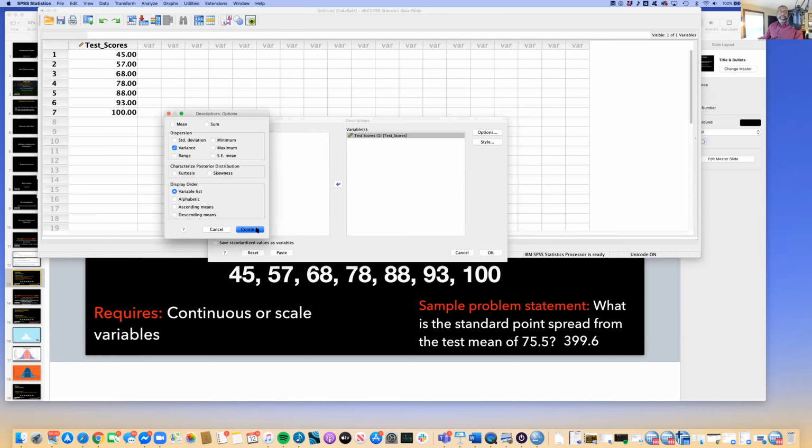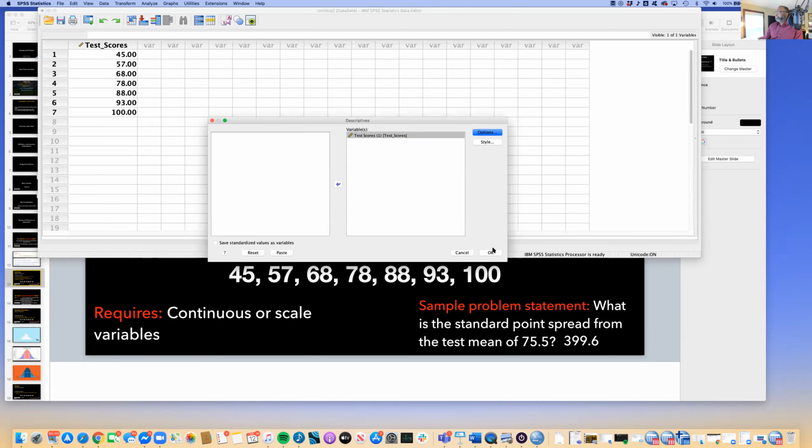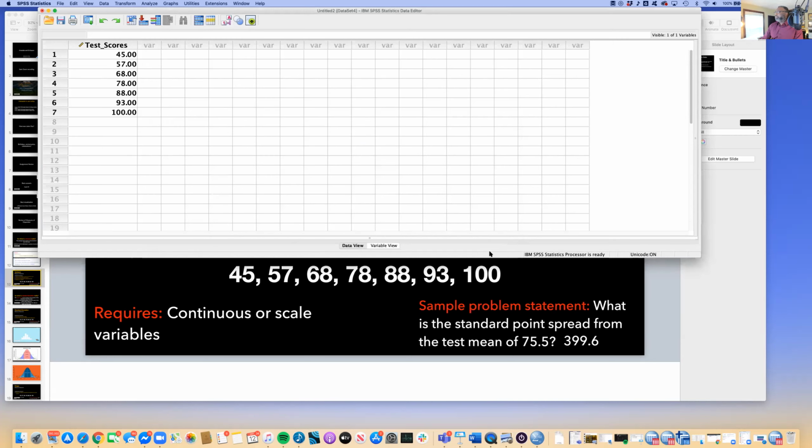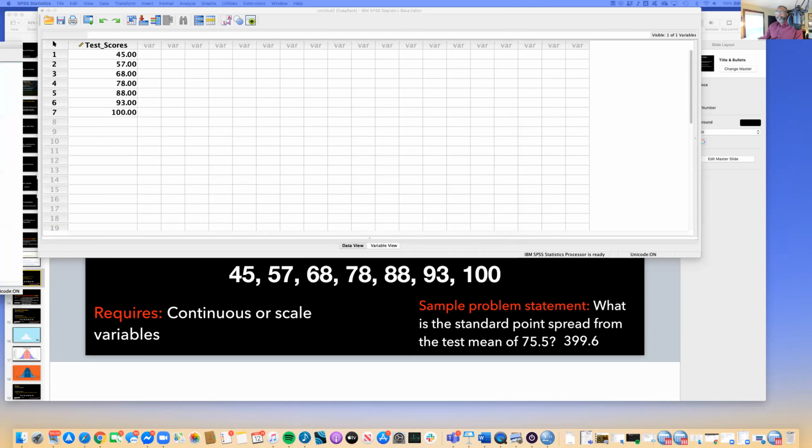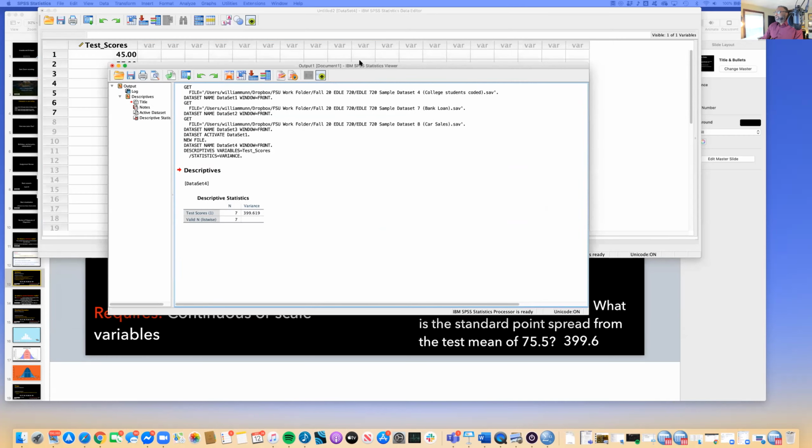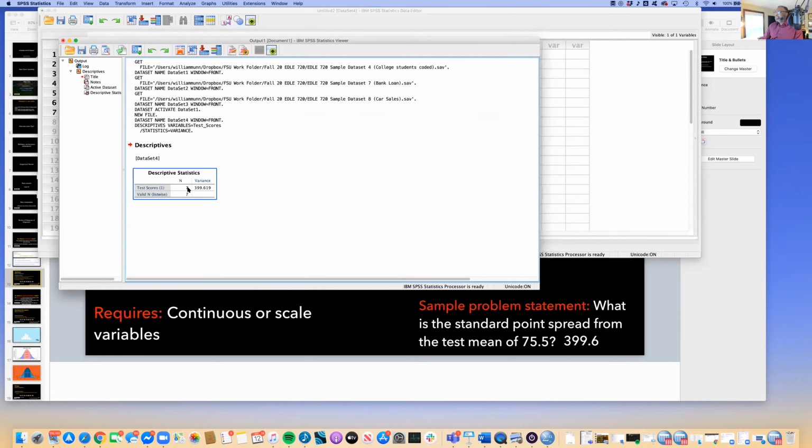And we're going to click Continue. And then we're going to click OK. And your output should put out something that looks like this, 399.6. Okay?